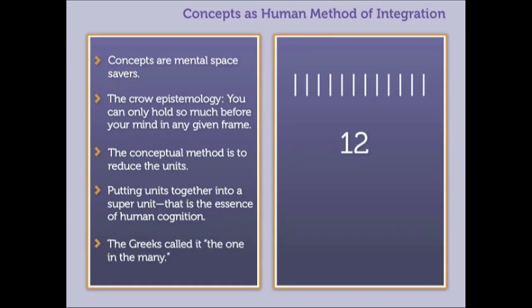The Greeks had a phrase for it, which was the one in the many. The one in the many. That was their way of talking about integration. If you know Thales, the father of philosophy, he said, all things are water. Now, he was applying to metaphysics what should be applied to epistemology.